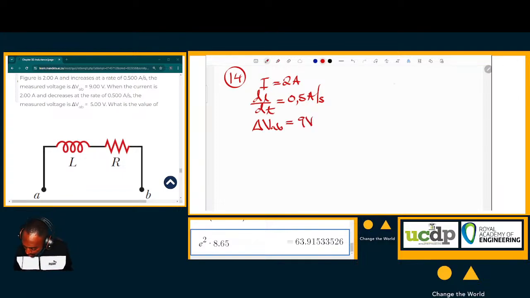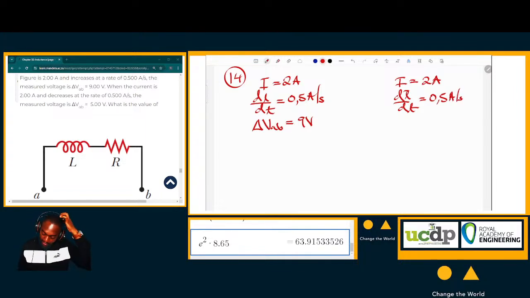Then for the second case, again, current is equal to 2 amps, and your di/dt is equal to 0.5 amp per second, and our change in potential V_AB is 5 volts. All right, so then what do we do?